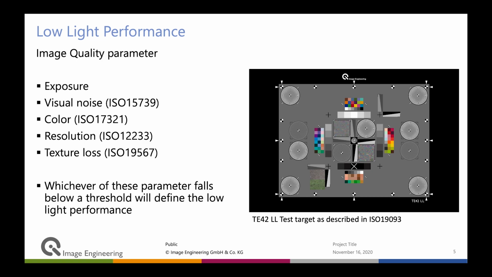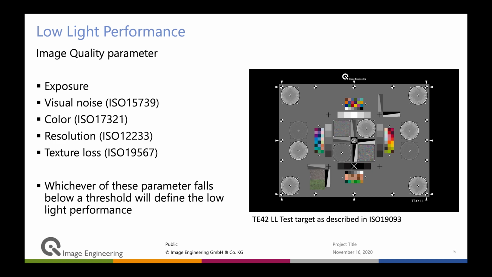And then we measure visual noise. That is a noise metric that takes the perception of the human visual system into account. A very powerful metric, and I personally think it is highly preferable over an SNR measurement because it takes the viewing condition and the human perception into account.